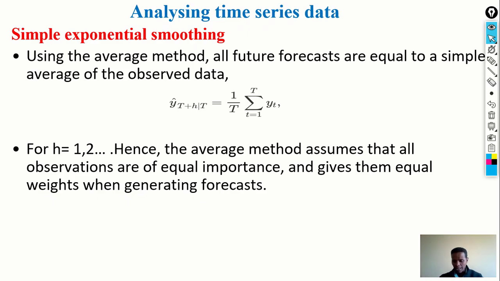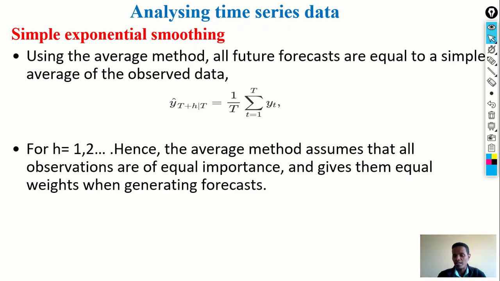The second way is using the average method rather than the naive method. The naive method says that only the last observation is used for forecasting the future outcomes, and all other observations will be lost. But another way of using this method is the average method. The average method assumes that all future forecasts are equal to a simple average of all observations.